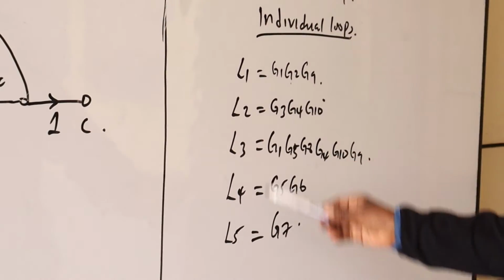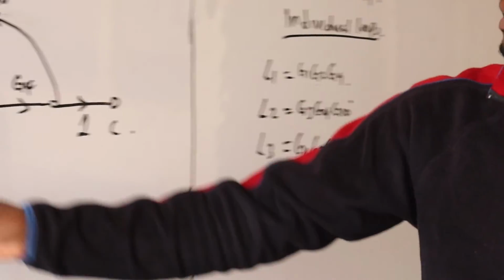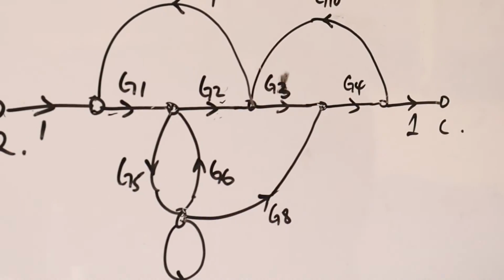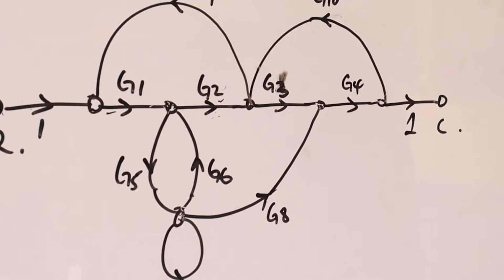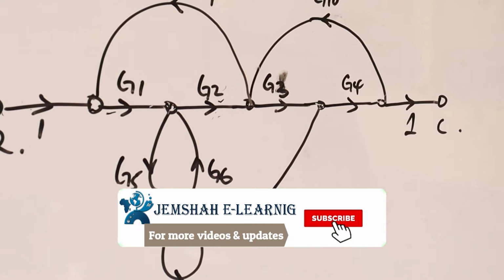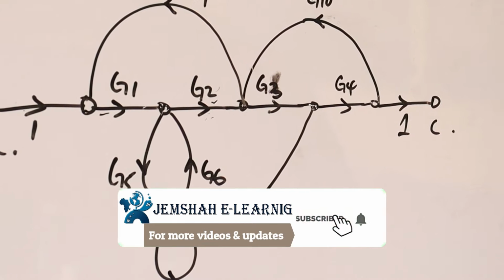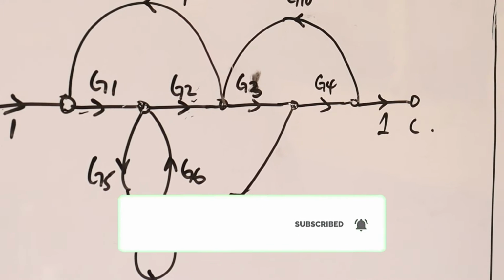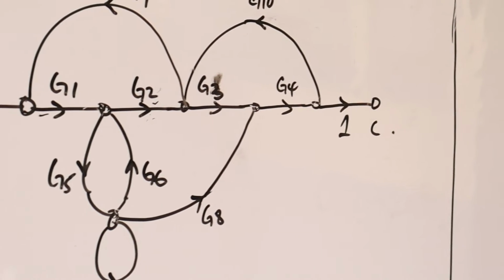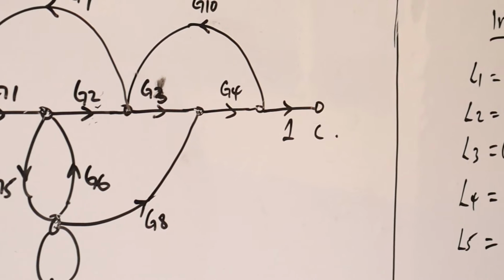So if we look at G1, G2, G9, and G3, G4, of course, there is that. So they share. So if you look at that, you can find a loop that is the first loop, and the fifth loop.